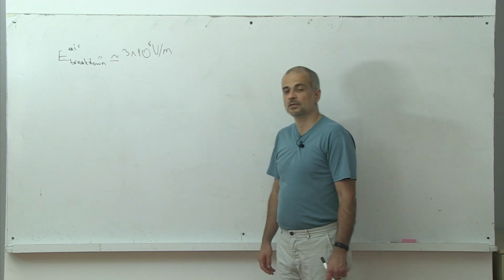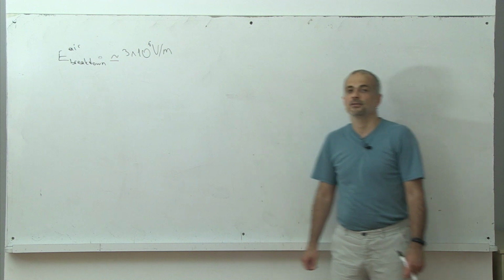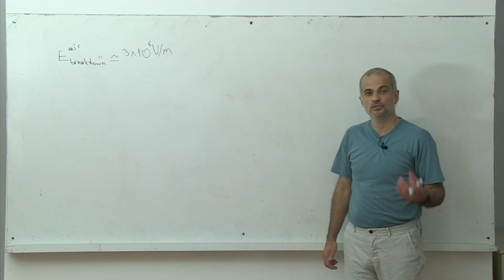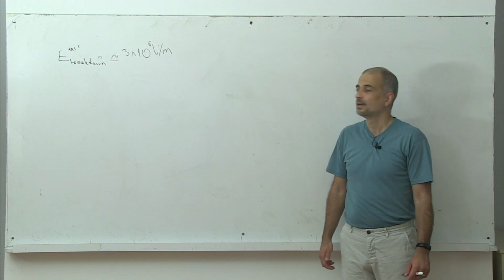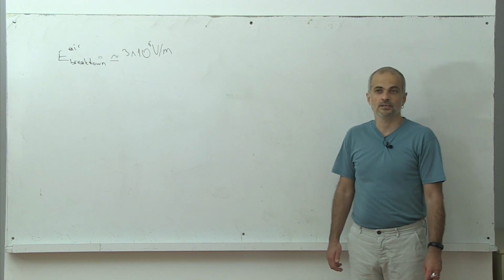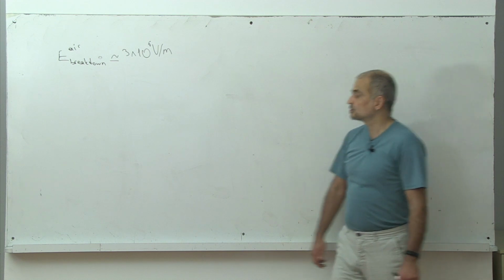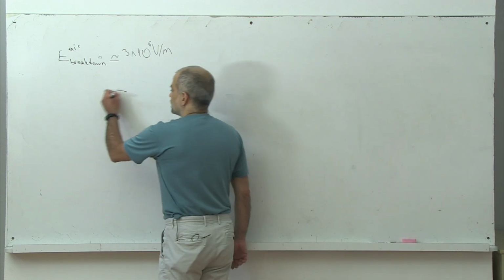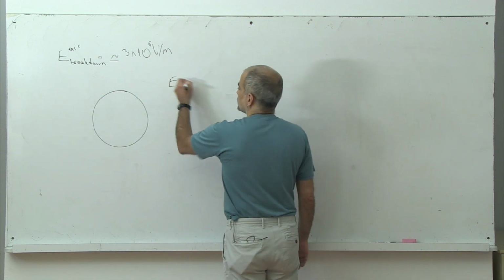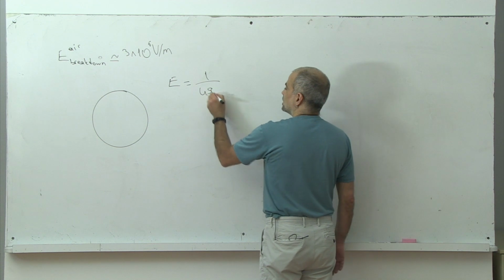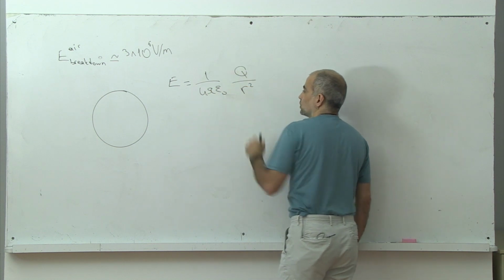Now, in this example, first we will show that the breakdown voltage for a sphere is proportional to its radius. And then we will calculate it for a sphere of radius 5 millimeters. So we had already seen that if we have a conducting sphere, the electric field has a magnitude 1 over 4 pi epsilon 0 q over r squared.